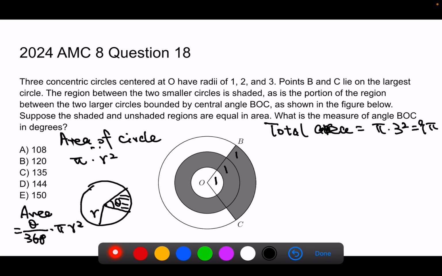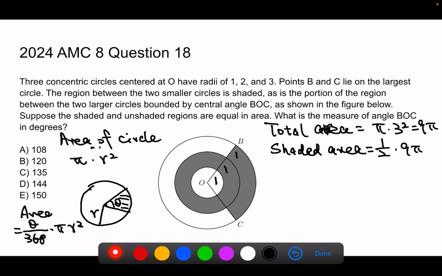Okay, now that means the shaded area is equal to a half times 9 pi. Keep that in mind, because I know the shaded area is half of 9 pi.